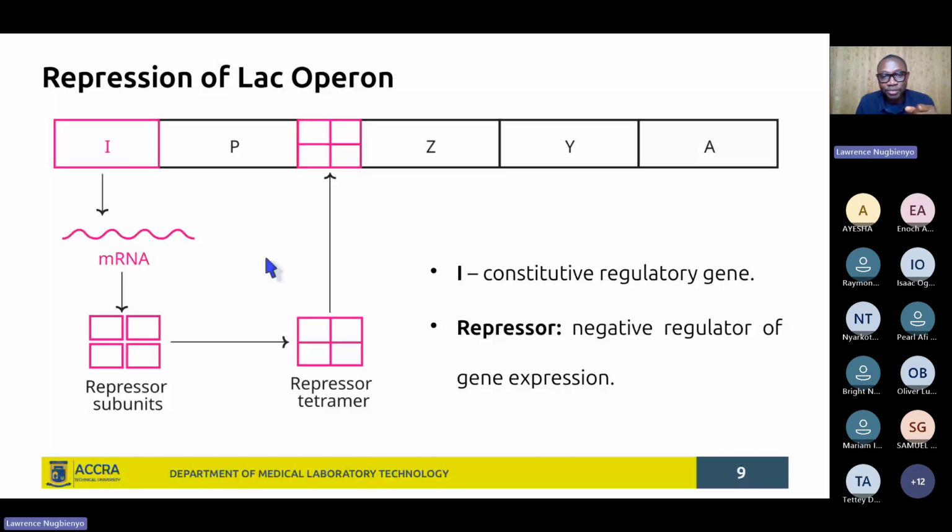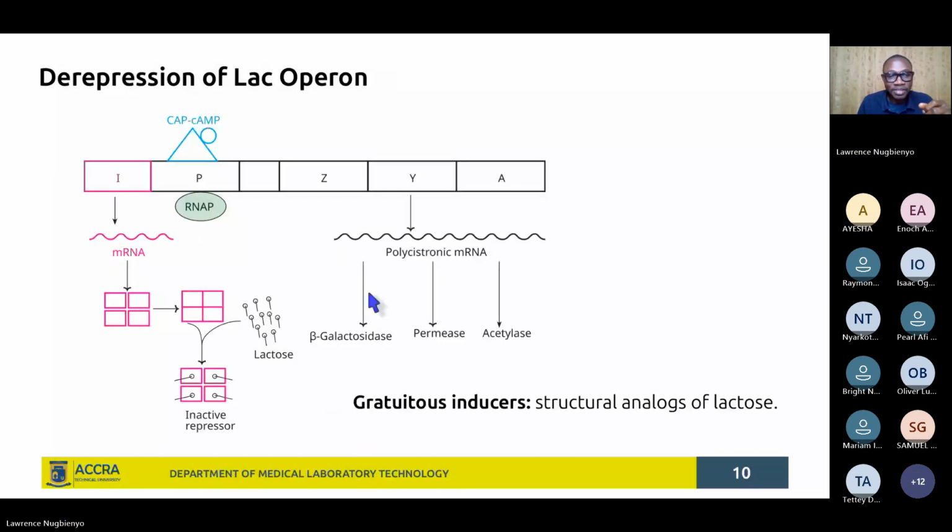Now, another thing that we can talk about is the fact that you are referring to a fragment of a gene. So a gene that is coding for 3 different proteins. And any gene that is coding for different products is referred to as polycistronic.